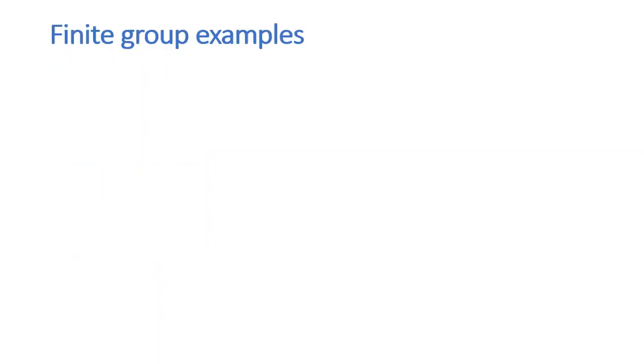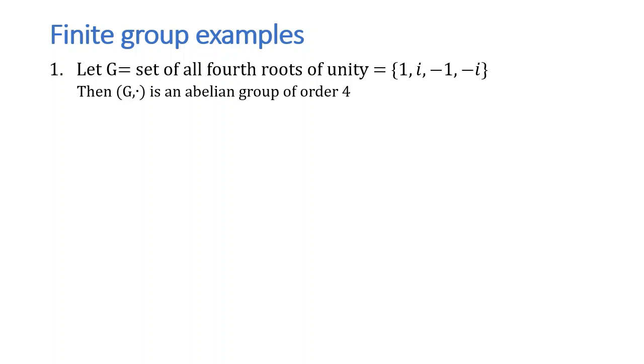For finite group examples, let G be the set of all fourth roots of unity. So these four numbers, 1, i, -1, -i, all raised to the power 4 will give 1. Not only these, we can consider the set of square roots of unity, that is 1 and -1 alone.